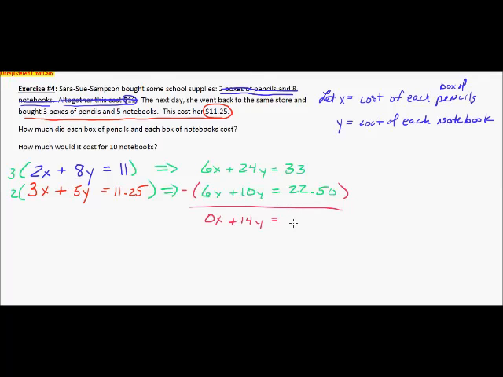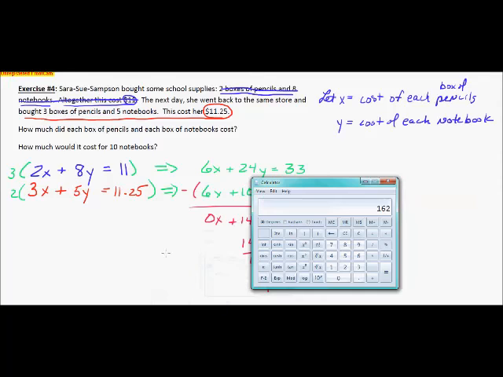That gives me 10.50. Okay, so now let's write down my equation first. That's 14y equals 10.50. What if I divide both of these by 14 so I can solve for y?